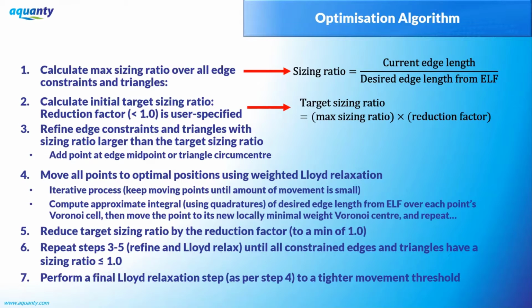And finally, there'll be a final Lloyd relaxation step performed, which will bring our mesh as close as possible to the ELF energy functional within the parameters that we had set.